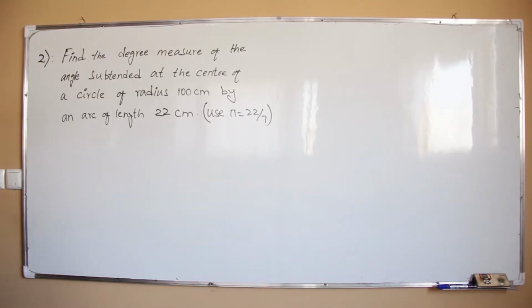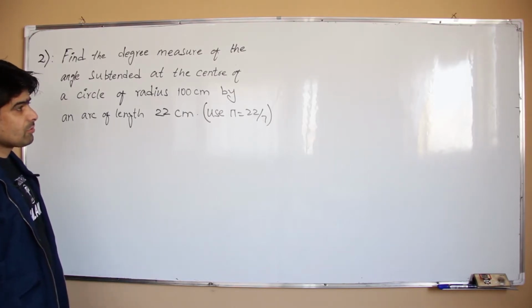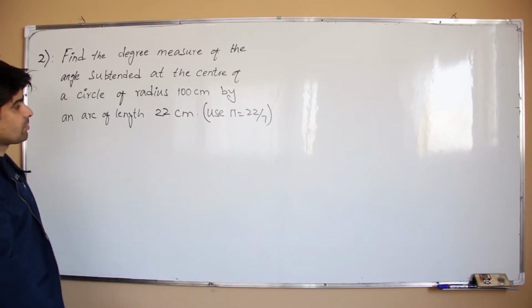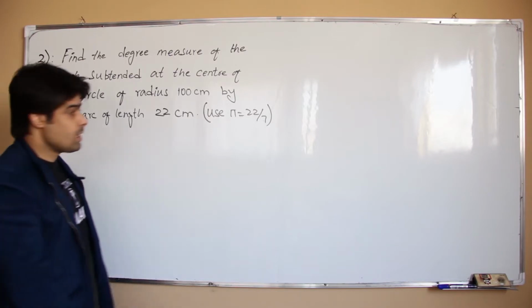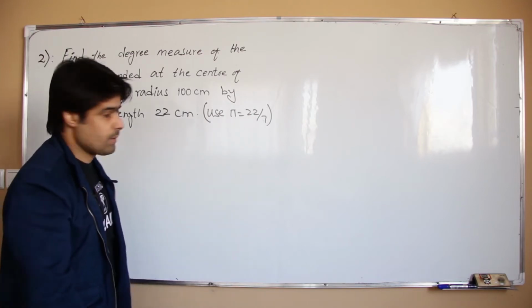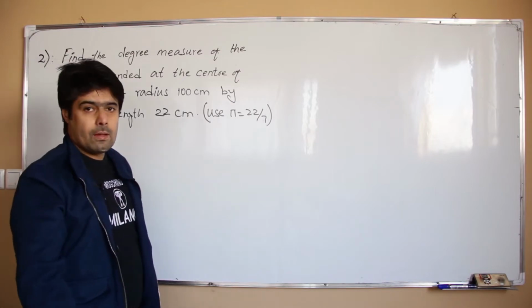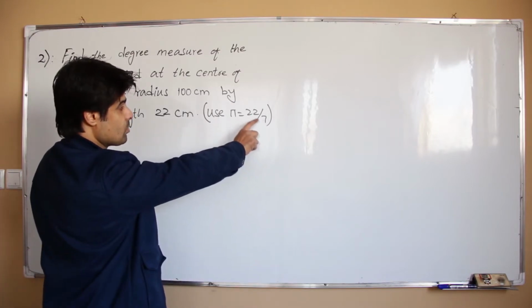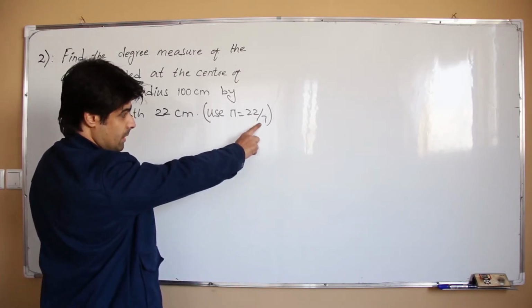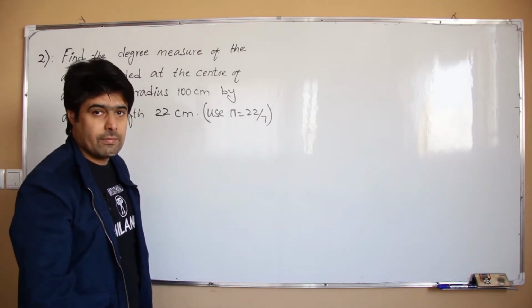Question number 2. Find the degree measure of the angle subtended at the center of a circle of radius 100 centimeters by an arc length of 22 centimeters, and use 22 divided by 7 instead of pi. By the way, I'm sure that the value of pi is not 22 divided by 7, but it is approximately 22 divided by 7.